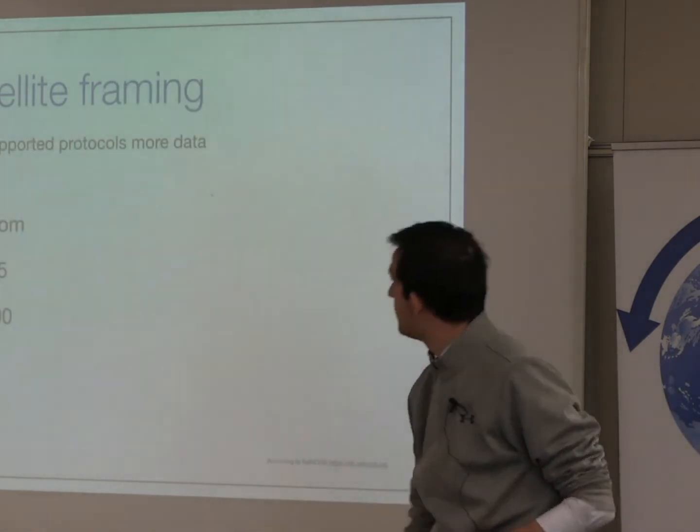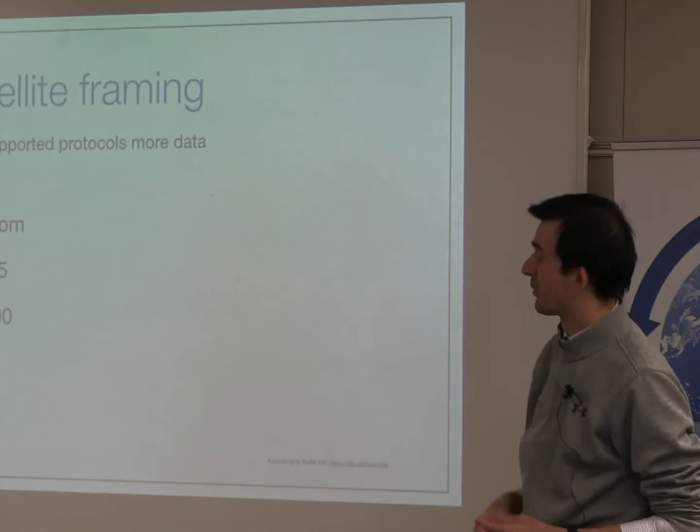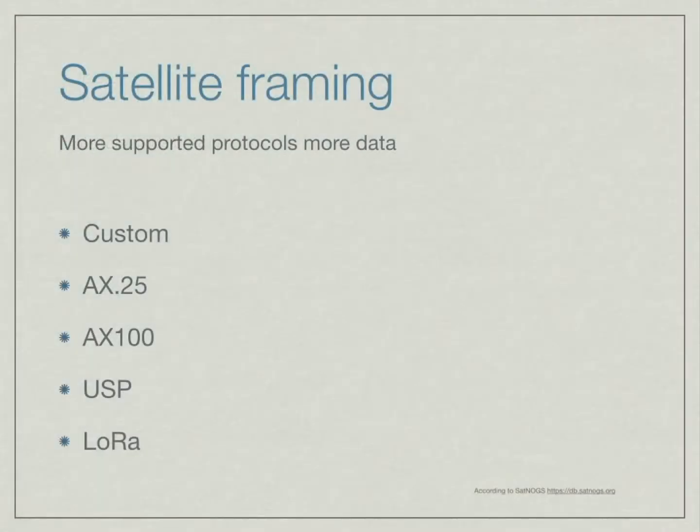The other idea is to support more protocols. This is called framing, and in GNU Radio it's called deframers. Those satellites produce custom protocols. Just imagine if you want to support 1,000 satellites, you have to go over each of them and implement their own custom, fancy, very fun protocol. That's very tedious work.